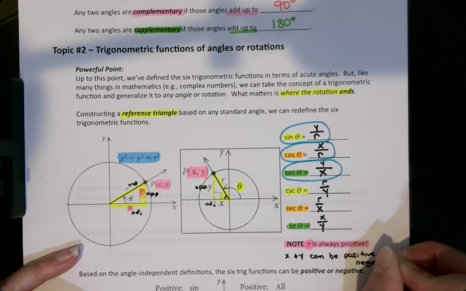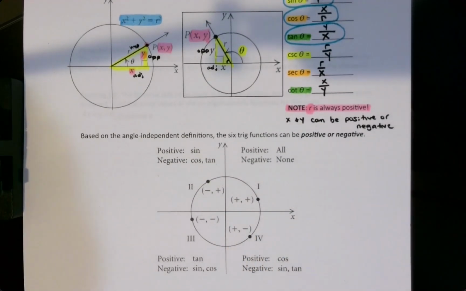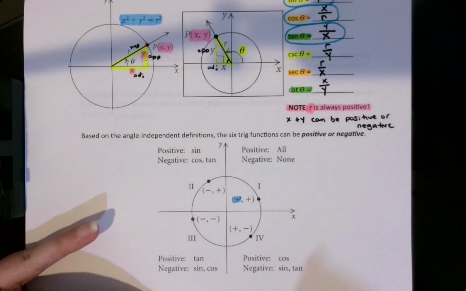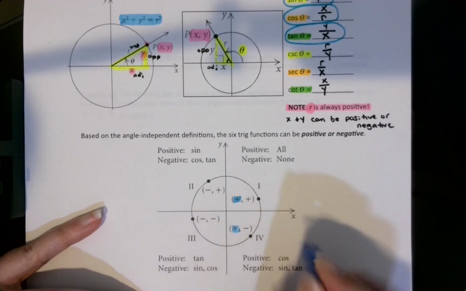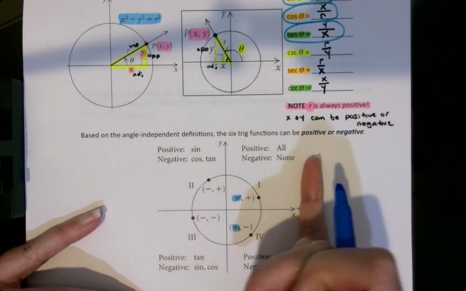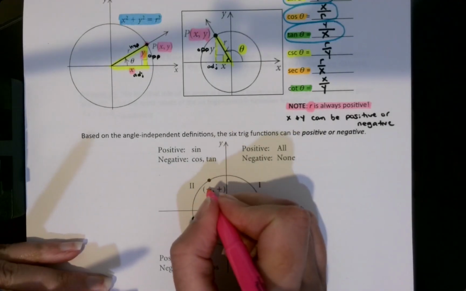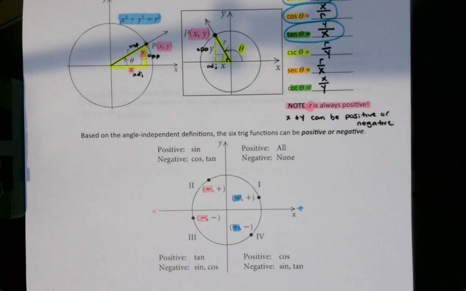And this diagram at the bottom just illustrates when each of those are positive or negative. So I know in quadrant 1, the x value is positive, and in quadrant 4, the x value is positive. X is positive on the two that are on the right-hand side. I know that x is negative on the two that are on the left-hand side.